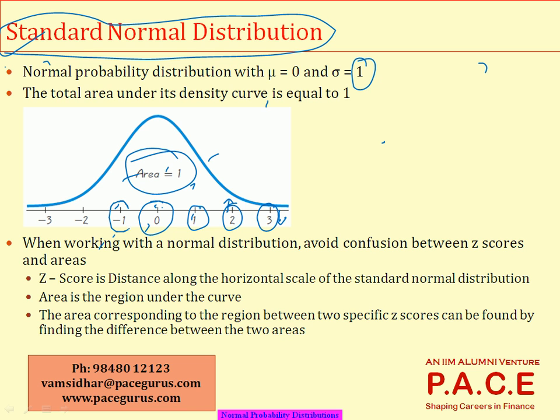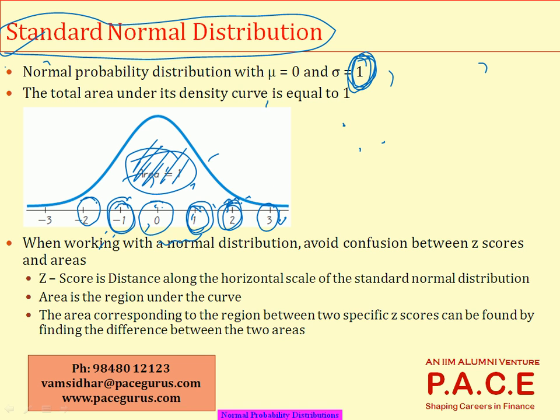They are the standard deviations, because we have said for a standard normal distribution the standard deviation is equal to 1, which means here it is 1 standard deviation away from the mean, 2 standard deviations away from the mean, or minus 1 standard deviation away from the mean, minus 2 standard deviations away from the mean. So it is not equal to the area. The area under the curve is this aspect. So we have to be very clear on these two things as far as the normal distribution is concerned.